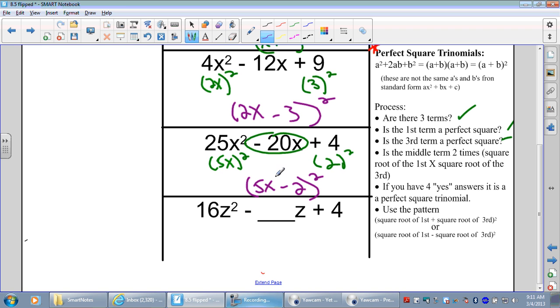Now, this one, you notice I set up a little differently, because I want you to be able to recognize what number you want to be right here for this to be a perfect square trinomial. Well, this one could be 4z being squared. And this one could be 2 being squared. So what number do I want to be there to make this a perfect square trinomial? Well, 4z times 2 is 8z.